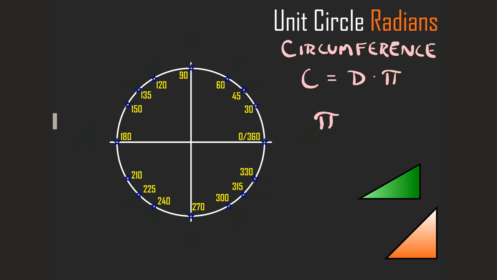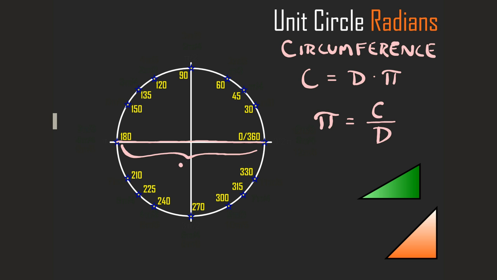And remember, pi is just the circumference divided by the diameter in any circle. And so if that's true, then if you rearrange that equation and solve for C, the circumference is equal to the diameter times pi. Okay, so we know our diameter of the unit circle. Our unit circle has a diameter of 2 because the radius is 1.